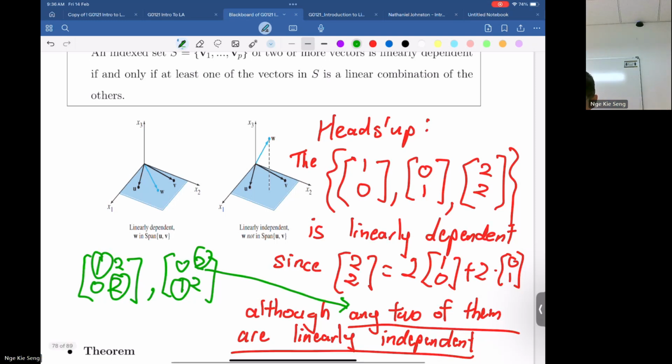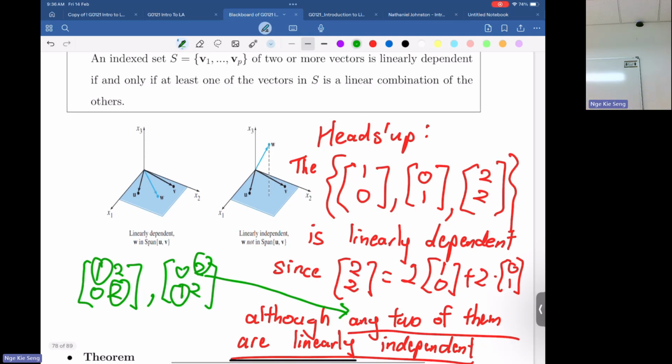Okay, you can see from this picture here, this is an R3 picture. If they are linearly dependent in the R3 case, actually they live on a plane, because you can write one as a linear combination of the other two. I'm not sure you have seen this kind of picture in high school: W equals U plus V, something like that.